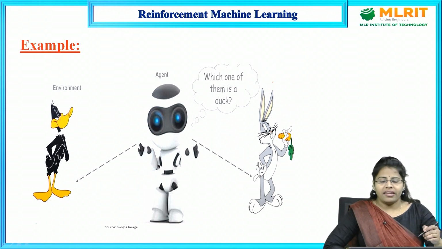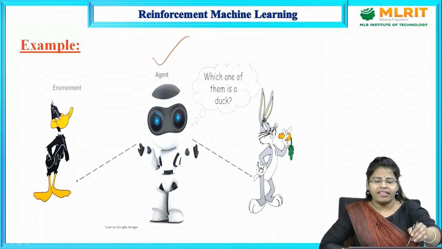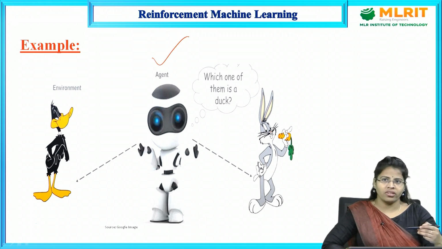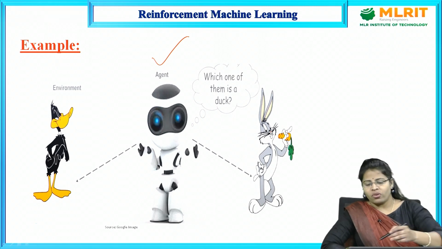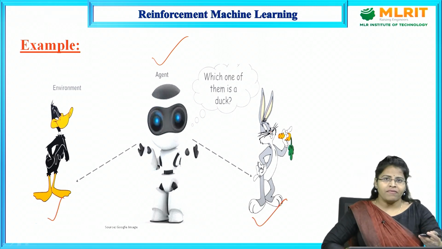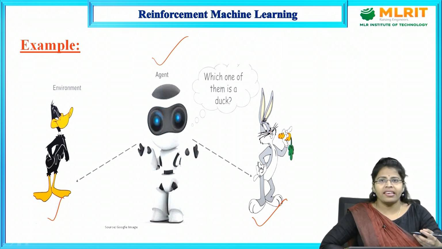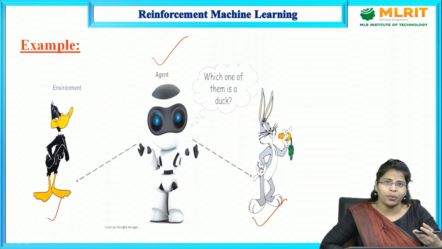Next, let me discuss one more example. Here, as you can see in the image, the agent is confused. Which one of the two is a duck? So here it is a bunny and it is a duck. So the agent is confused here. First of all, what is the agent going to do? The agent is going to observe from the environment.